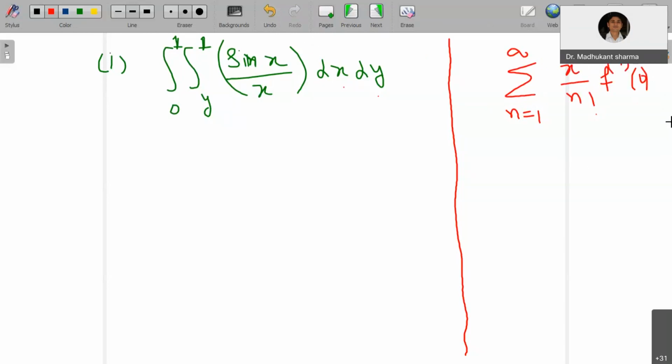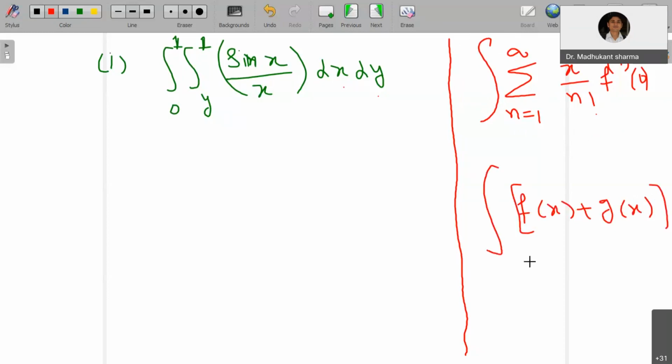The integral is an operator sitting on the left, and the situation is not like a finite sum. If you have f of x plus g of x and apply the integral, you can easily evaluate it by linearity: integration of f of x plus integration of g of x.